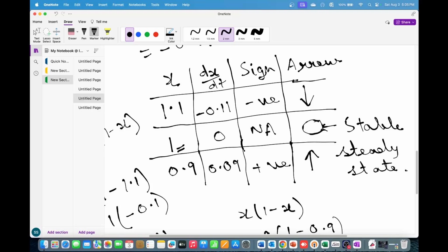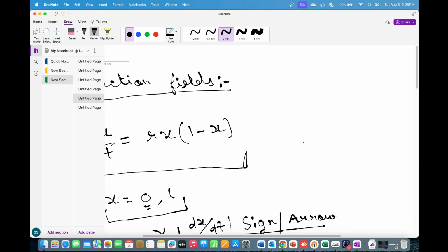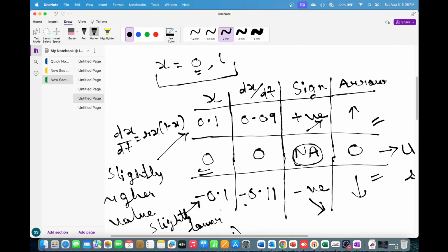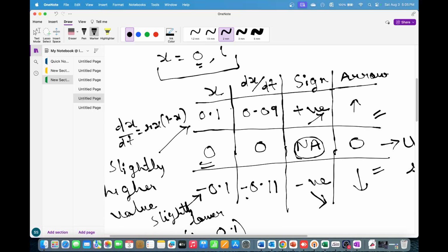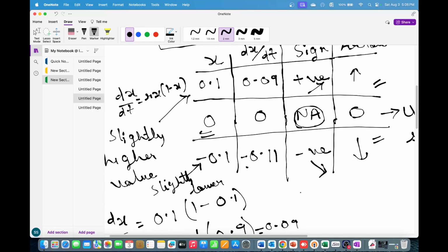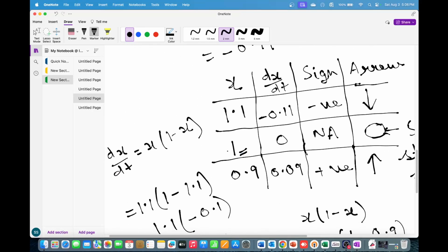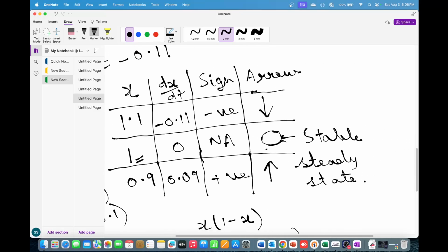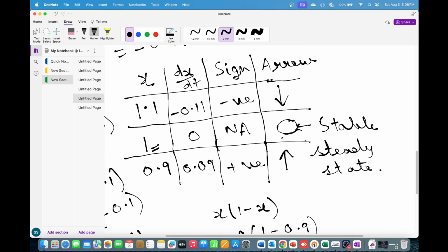Right? So as you can see, for the two steady states 0 and 1, if you calculate slopes just above and below 0, you'll see that from 0 your system is diverging. But from 1, slightly above 1, the slopes are coming towards that value 1, and slightly below 1, the slopes are also coming towards 1.